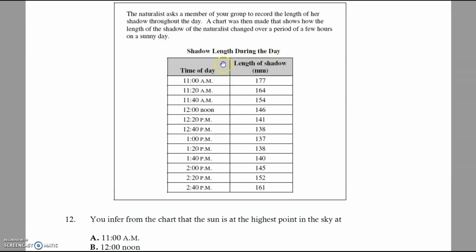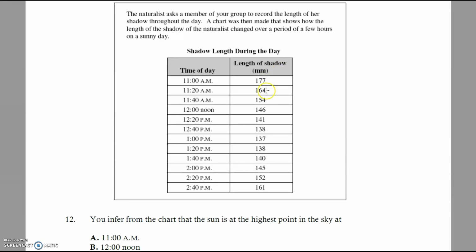So the shadow length during the day on our left-hand column is the time of day, 11 a.m., 12 a.m., 11 a.m., 11:20 a.m., 11:40 a.m., 12 noon, 12:20 p.m., 12:40 p.m., 1, 1:20, 1:40, 2, 2:20, and 2:40. And then our right-hand column is the length of shadow in millimeters.